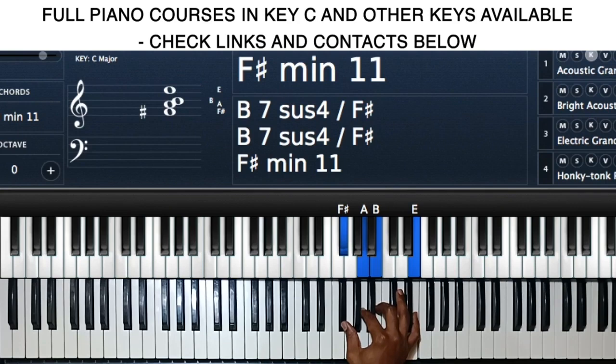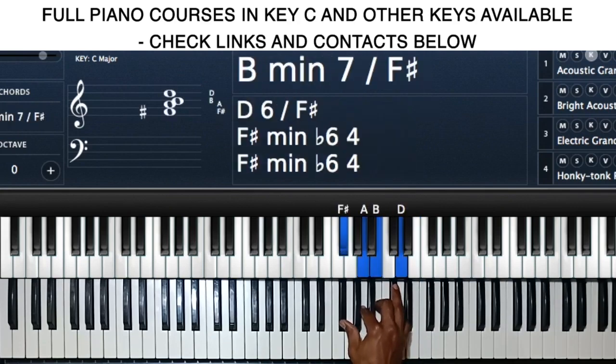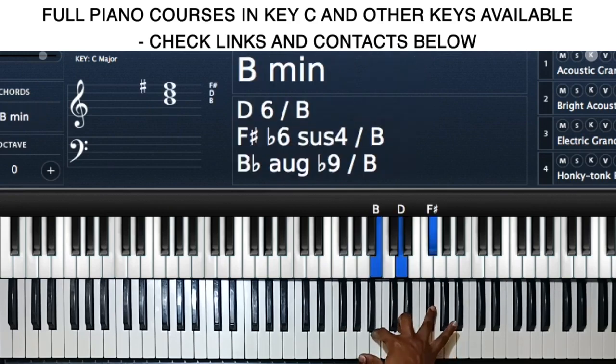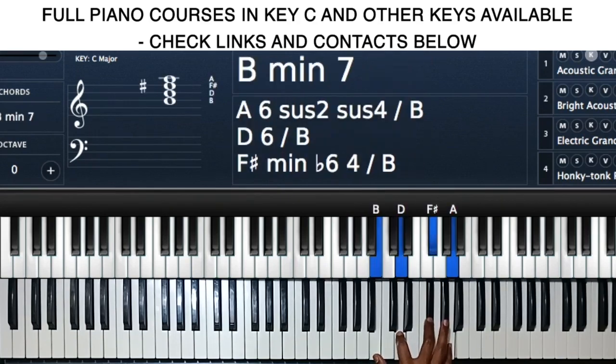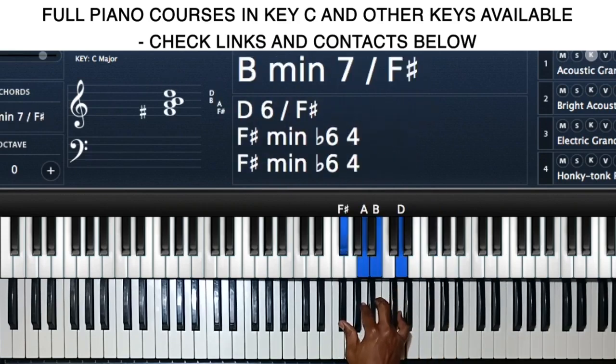Now I can use this chord, or I can bring down the E to D and play this chord instead. This is kind of a B minor 7th chord, just inverted. That's B minor 7, but we are playing it in this position.